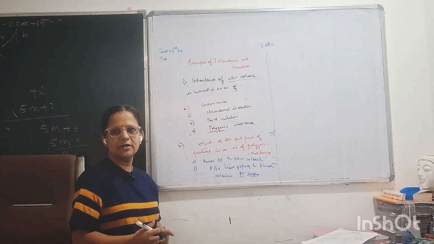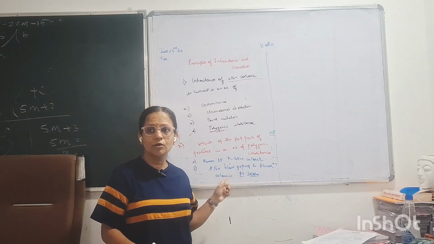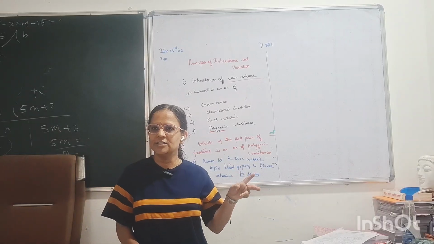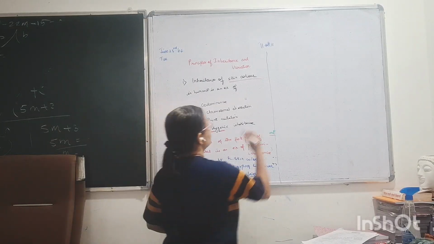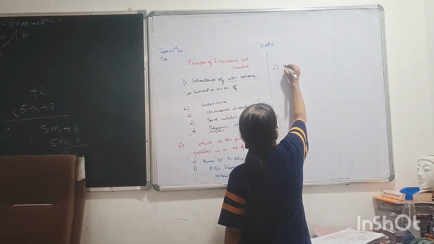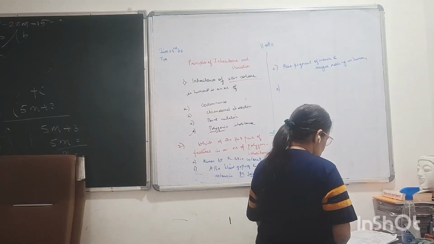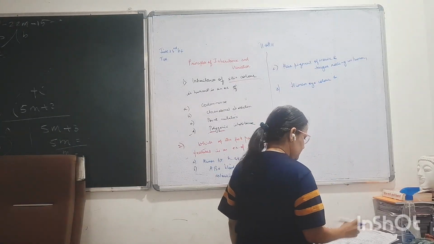That Mirabilis jalapa is not an example of polygenic inheritance. It is an example of what? Incomplete dominance, because you have red colored flowers and white colored flowers, and the progeny is pink colored flowers. So obviously this is not the option. Third, hair pigment of mouse, tongue rolling in human, and last option is human eye color and sickle cell anemia.